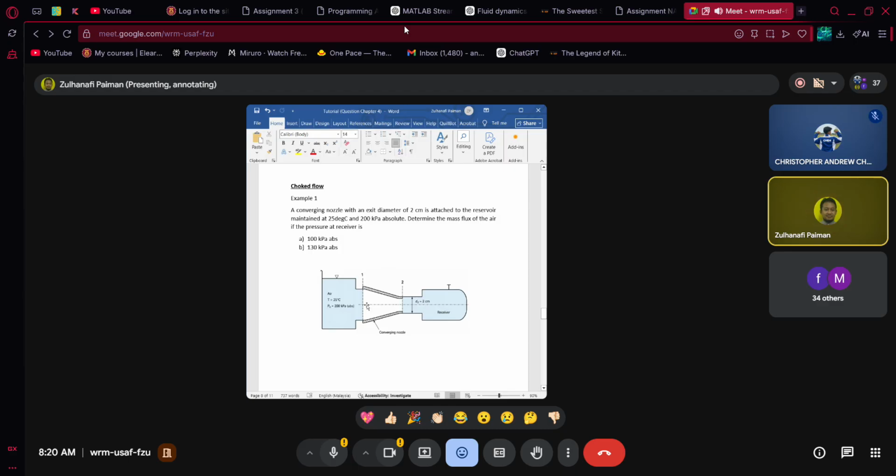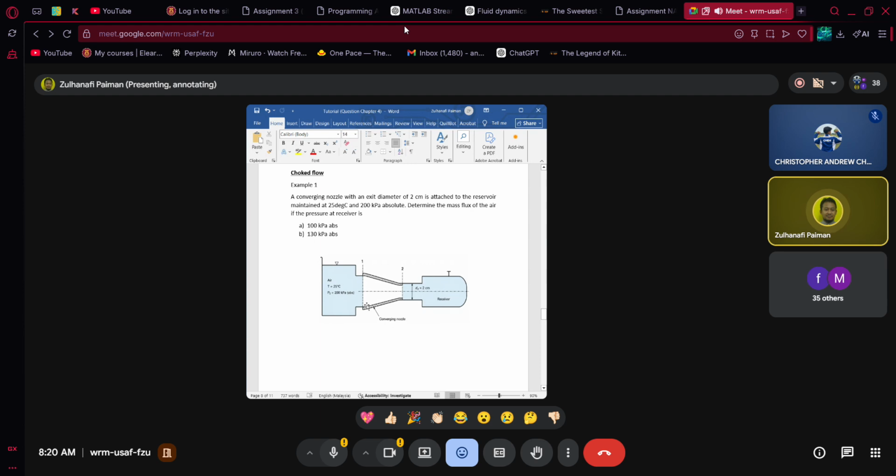Choked flow is basically the condition where you only have convergent nozzles and you don't have any divergent section. Are you able to reach Mach number equal to 1 at the end of the convergent nozzle?